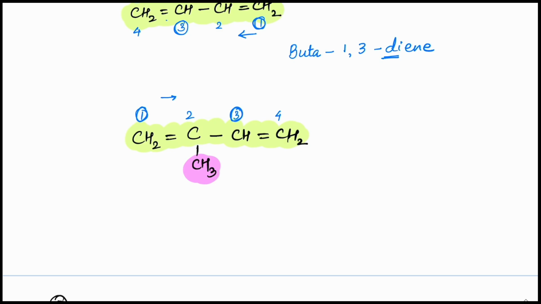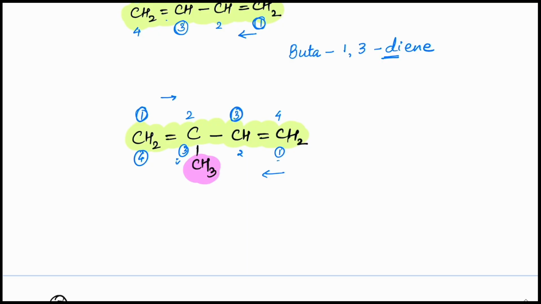If you number from right to left, then you will see that the first double bond starts at carbon atom 1 and the second double bond starts at carbon atom 3, but the substituent in this case will be found at carbon atom 3. So which one will we choose? We will choose the lower number, and so we will number from left to right.